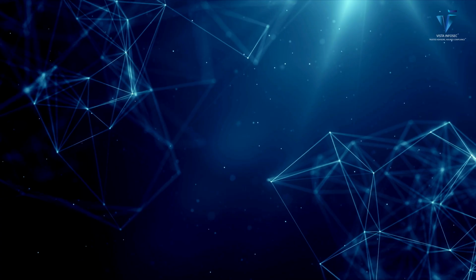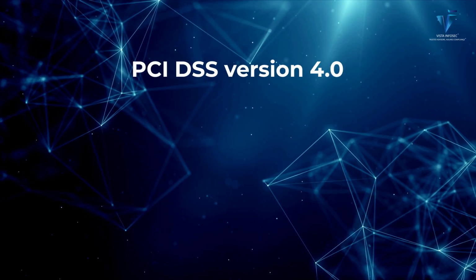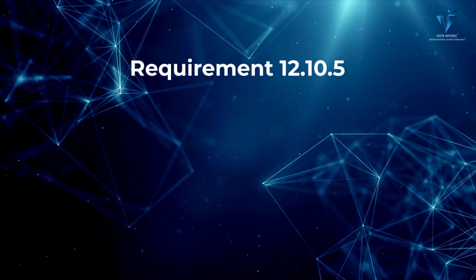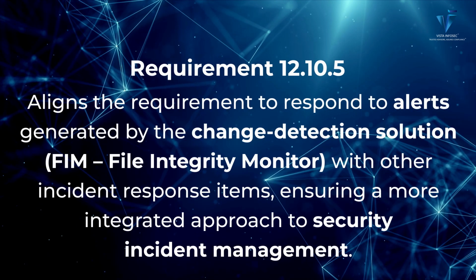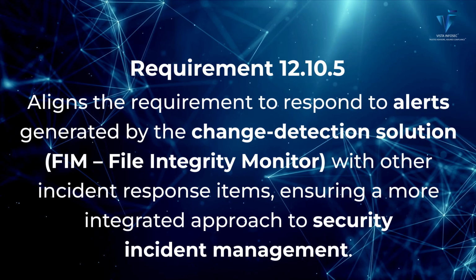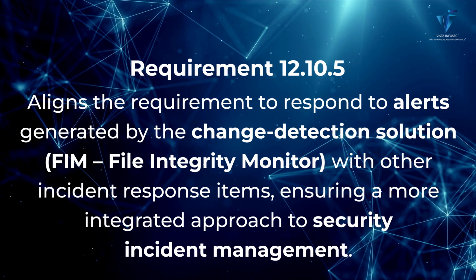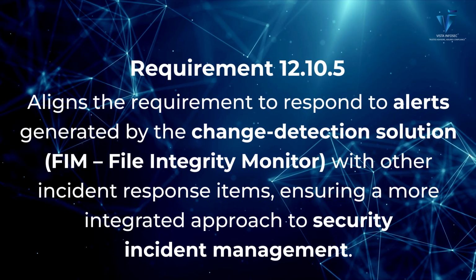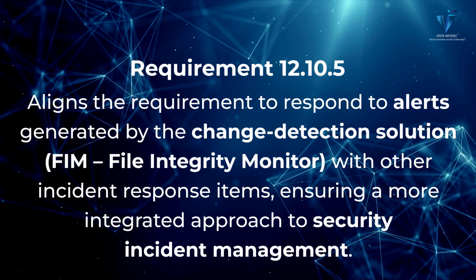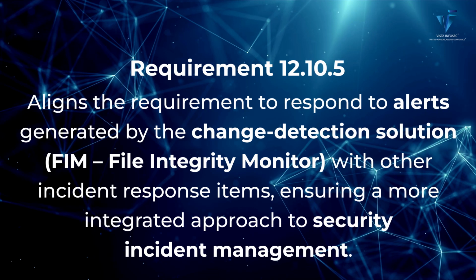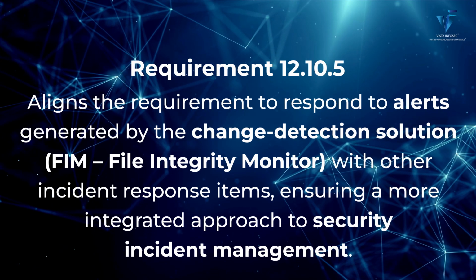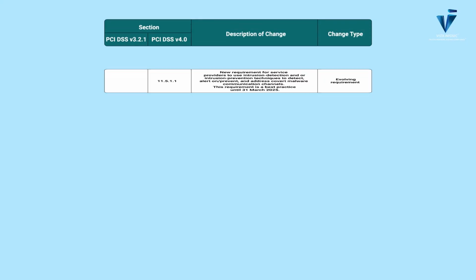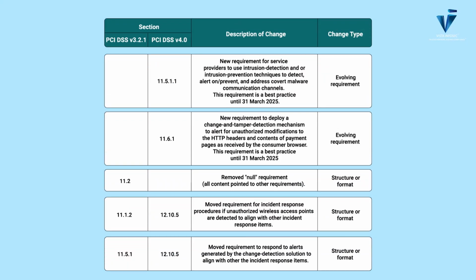Now, this in the latest version, PCI DSS 4, has been moved to requirement 12.10.5, and this change aligns the requirement to respond to alerts generated by change detection solutions, also known, as I said earlier, as FIM, file integrity monitors, with other incident response items, ensuring a more integrated approach to security incident management. And this is the summary of the changes in this last slot that I covered.